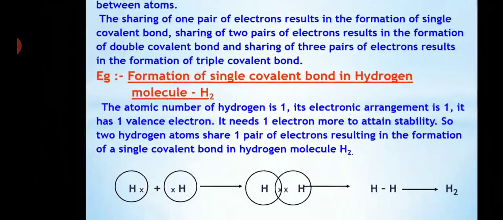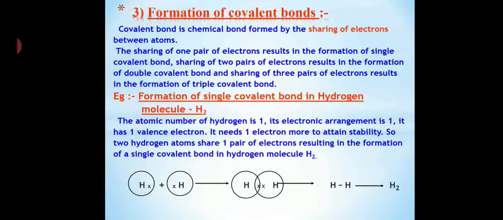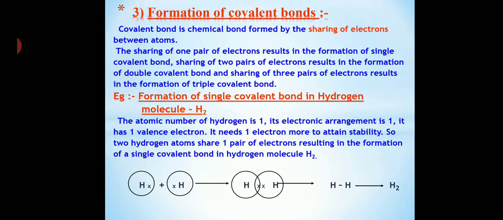For example, if you consider the hydrogen atom, how do we denote hydrogen usually? It is H2, right? Why is it H2? Why not H? Yes, there is a reason.